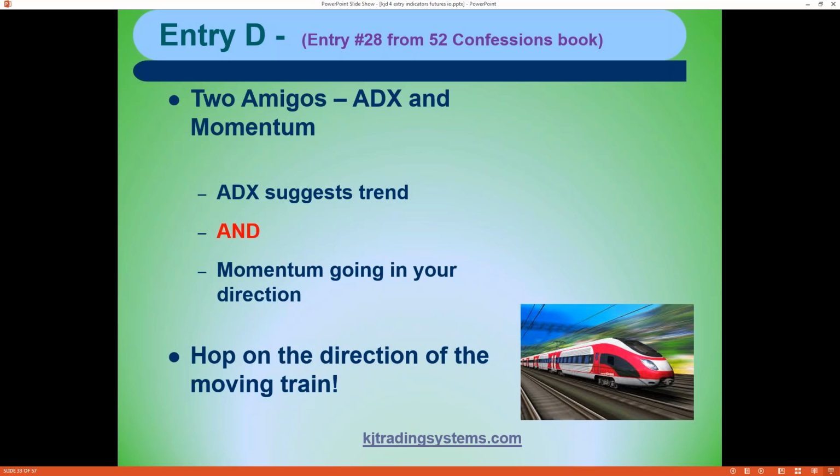For those of you who don't know it, I believe it was developed by Wells Wilder, and he developed it, I don't know how many, 20, 30 years ago. It's a pretty well-known indicator. It's supposed to indicate trend, and I do find cases where it seems to work pretty well.